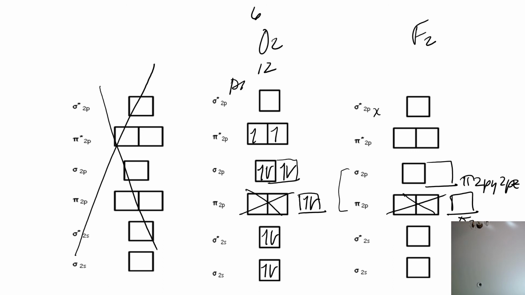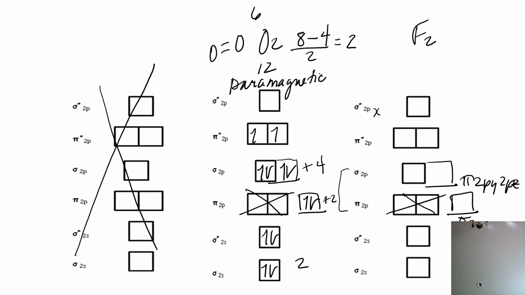This is paramagnetic. Bond order is going to be 2 plus 2 plus 4 or 8, minus the anti-bonding electrons, of which there are 4, divided by 2. So we have a bond order of 2, which corresponds to an OO double bond.